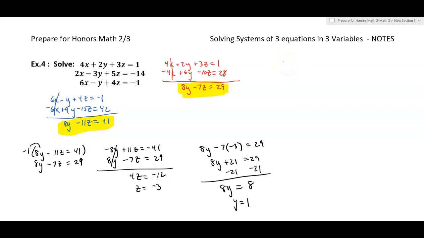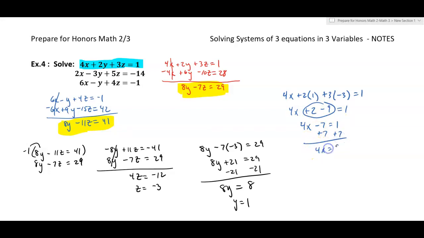So I'm going to take the top equation from the original equation. And now 4x plus 2 times y is 1, plus 3 times z is negative 3 equals 1. 4x plus 2 minus 9 equals 1. 4x minus 7 equals 1.